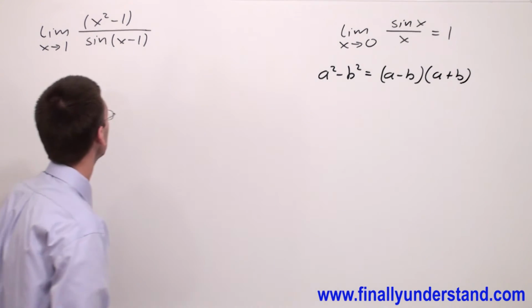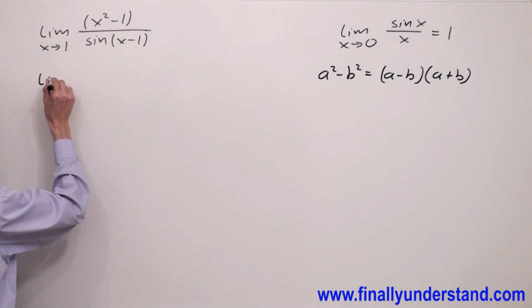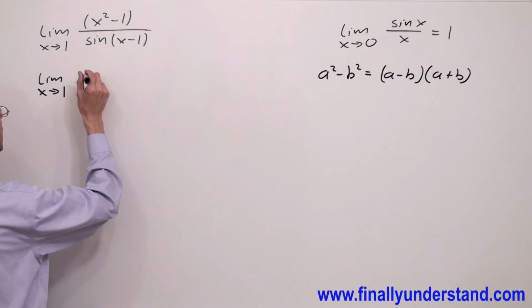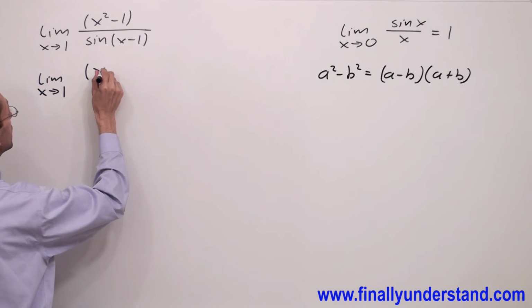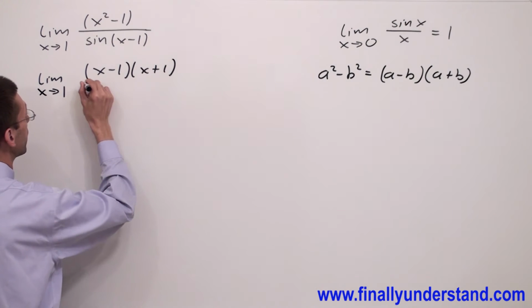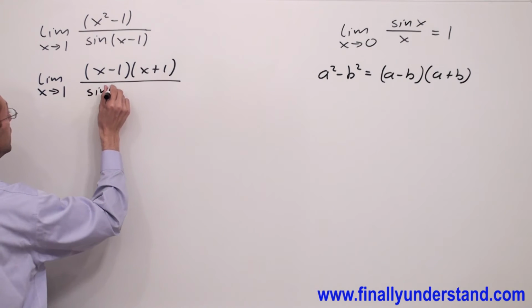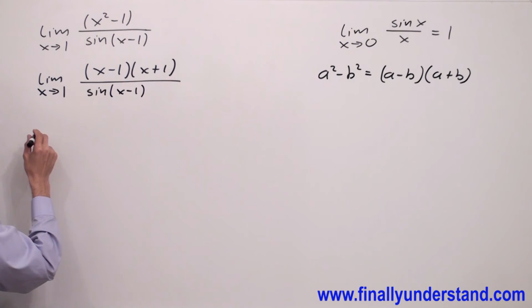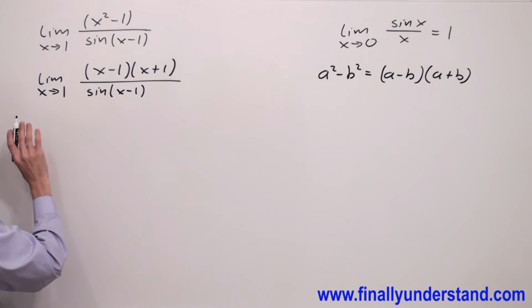So I'm going to rewrite this expression as the limit with x approaching 1, and in the numerator I'm going to apply this formula, and I'm going to have x minus 1 times x plus 1. In the denominator I'm going to have sine x minus 1.